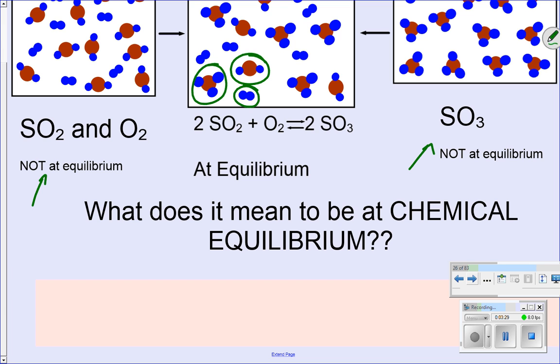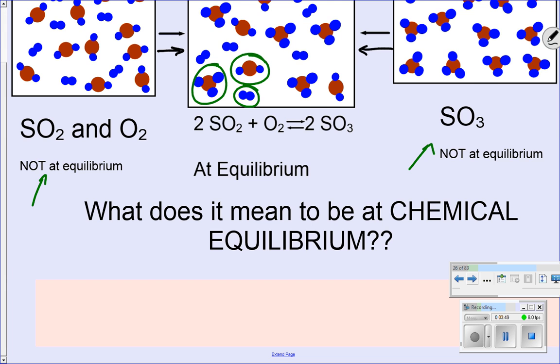So what this actually means in this diagram is the forward reaction, the reaction of SO2 and O2 turning into SO3, occurs at the same rate that SO3 decomposes back down into those initial reactants.